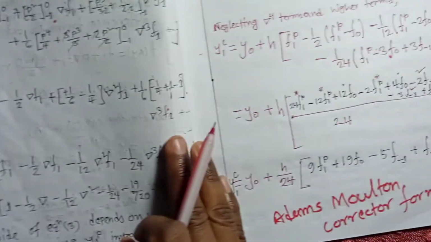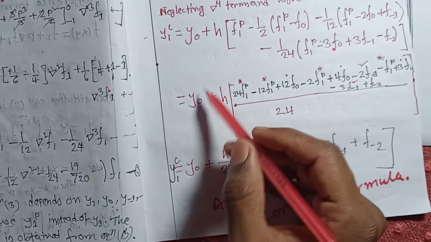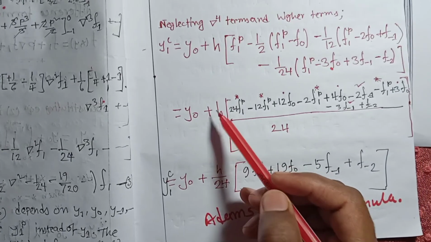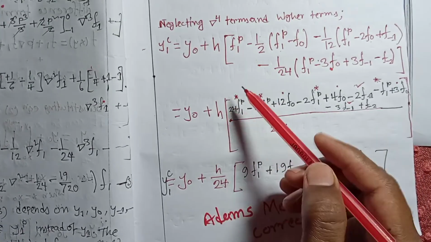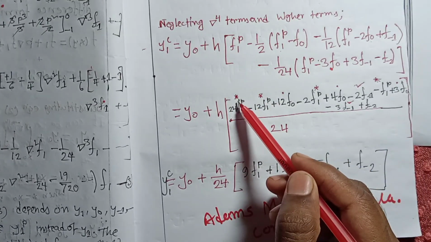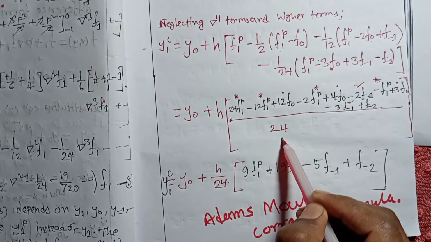And here y0 plus h times, the LCM is 24.